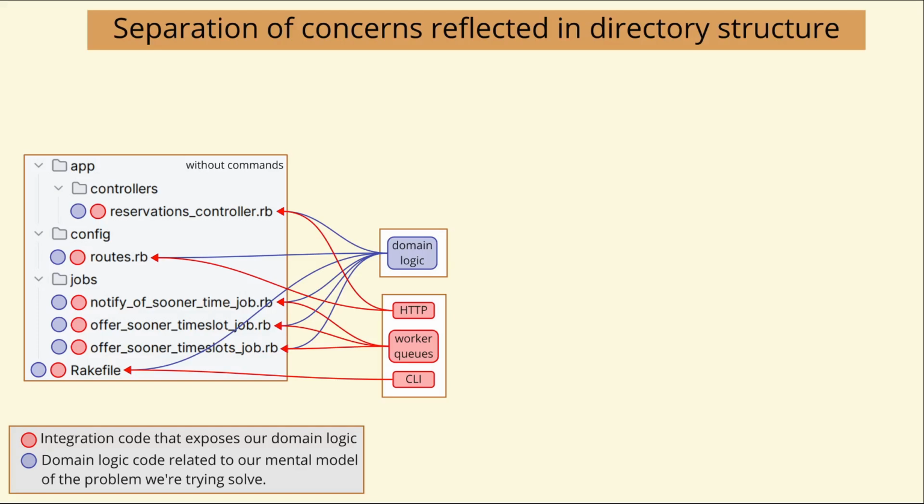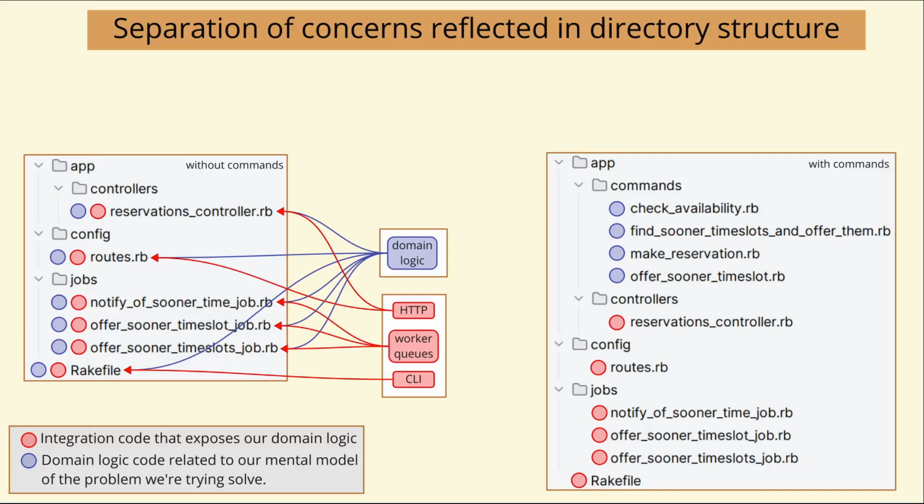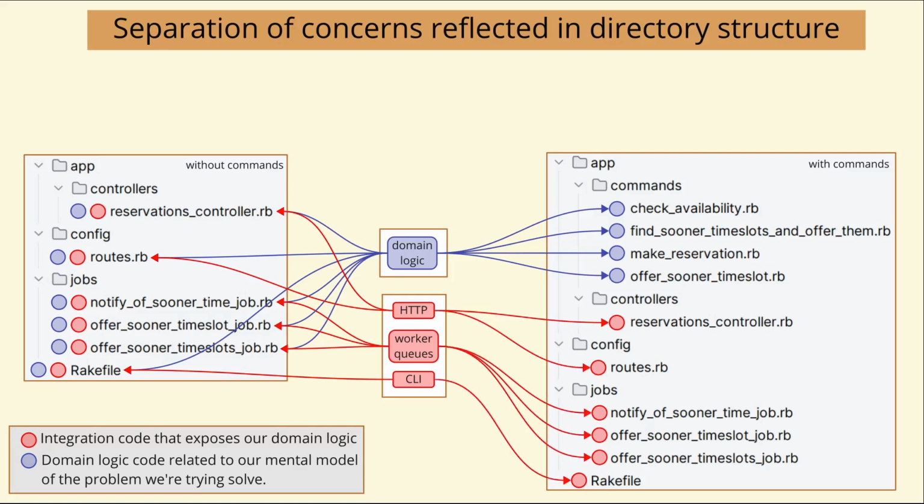So if we introduce commands, we now can hoist that domain logic out into these commands and give a better representation of the business mental model. All of the integration code is still in the same places, but we do have a clear separation of concerns here. Now, I still do not like this directory structure.